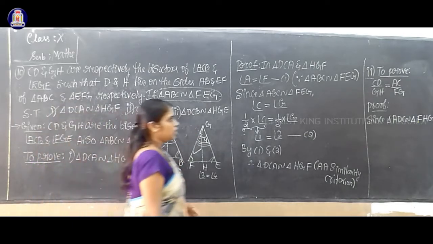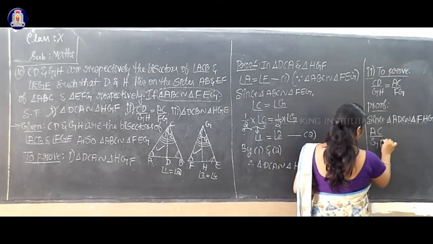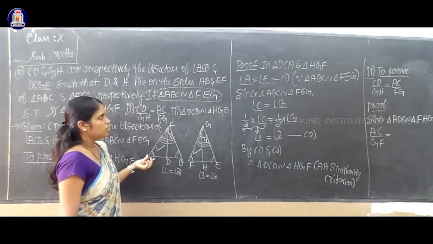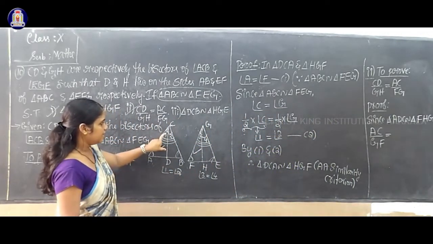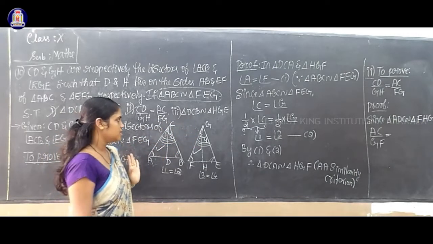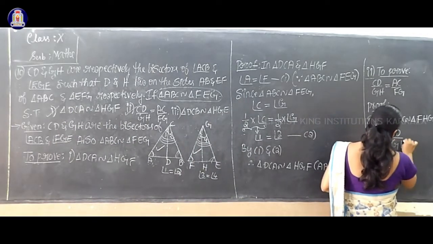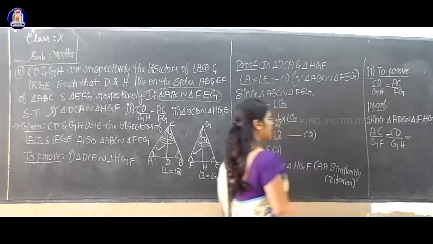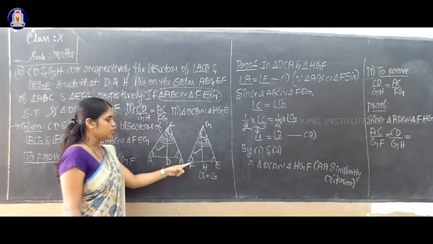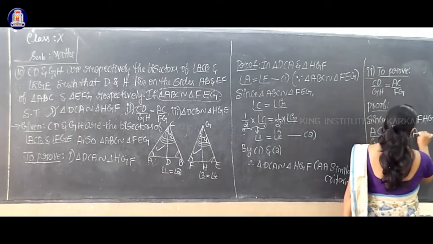So AC by GF equal to, once again, for this side CD, your corresponding side is GH. So CD by GH equal to, and the last one, AD. For the side AD, your corresponding side is FH. So AD by FH.